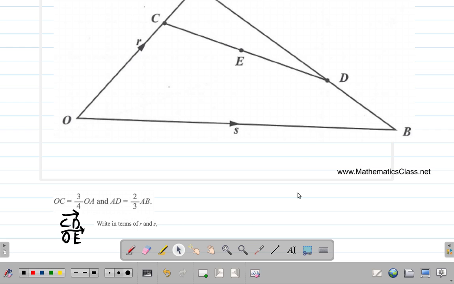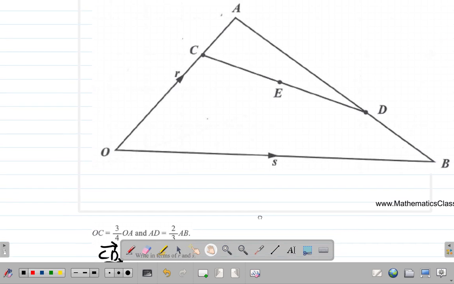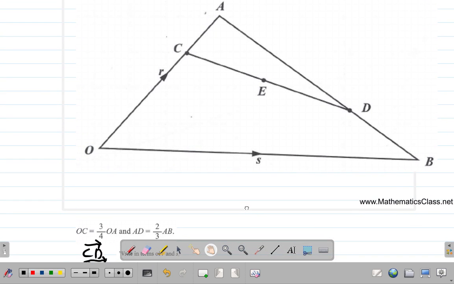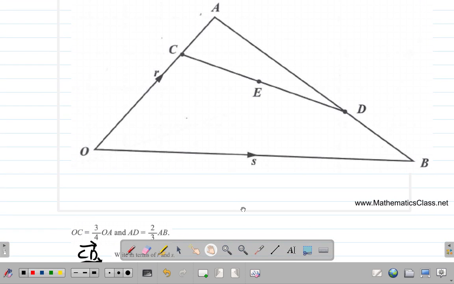Now, let me look at this here. You see, they say OC is 3/4 OA. It's written on the diagram itself. So you see OC, from here to here, is 3/4.